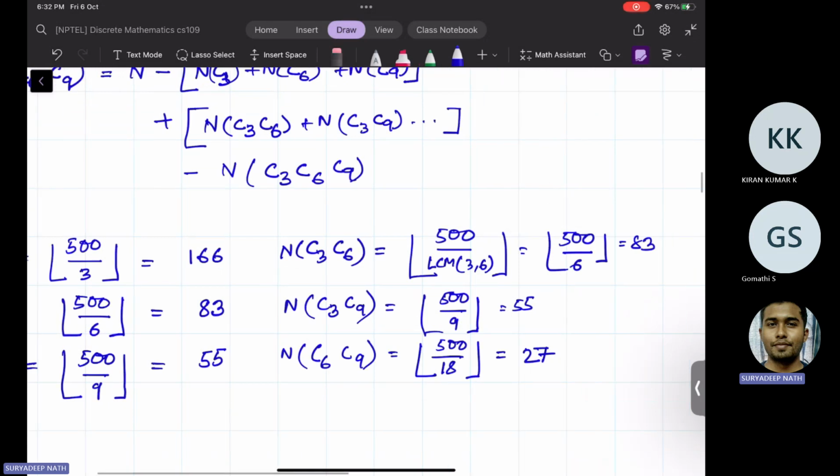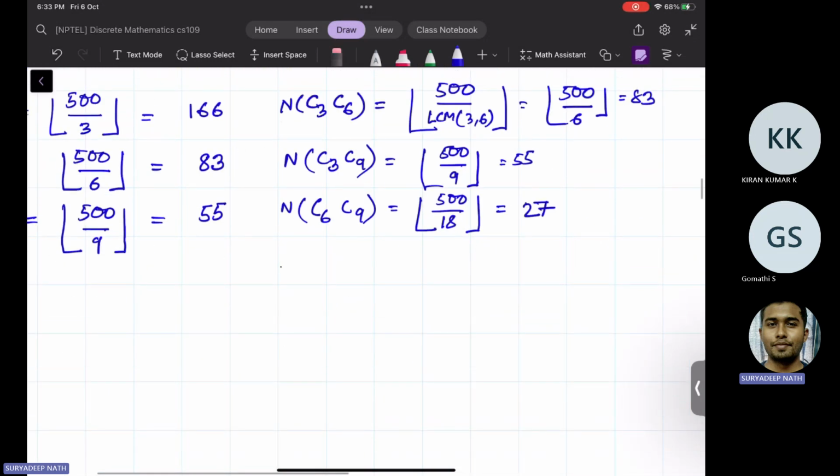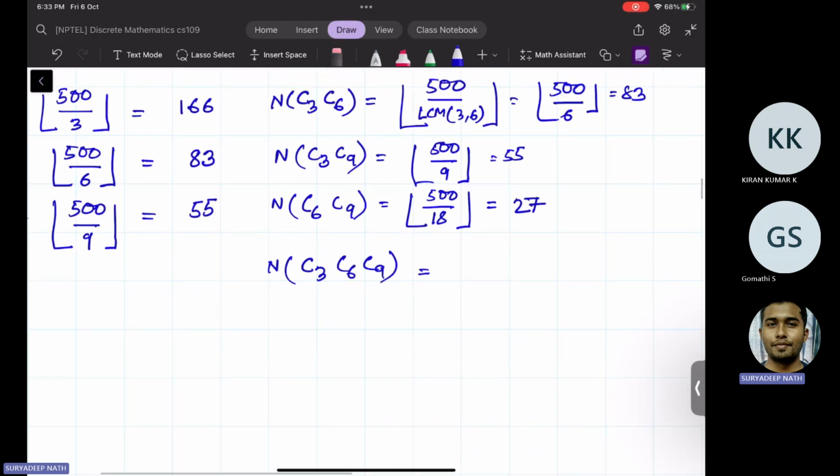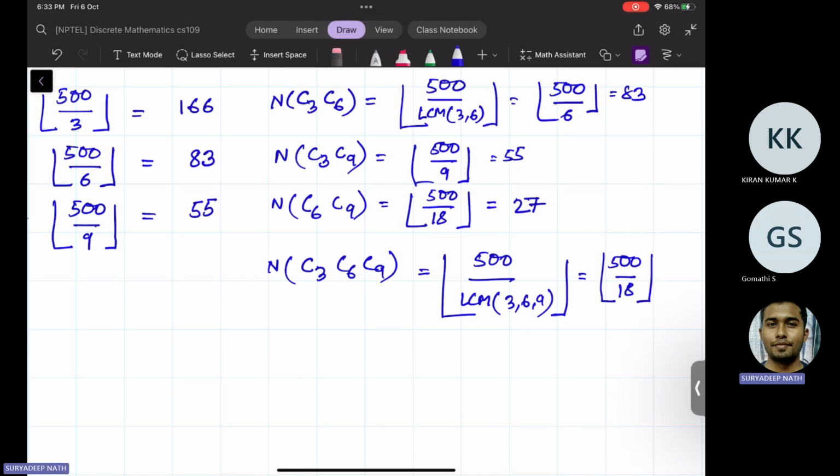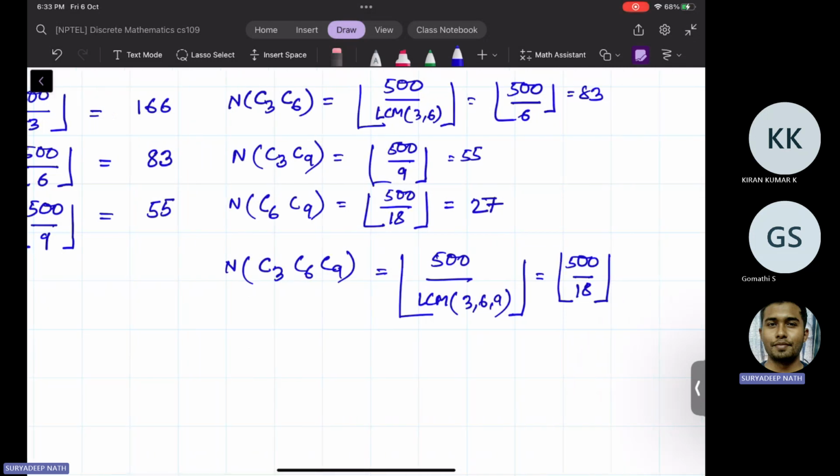So this is how you find it for the pairs. And when considering all of C3, C6, C9, we again take the LCM of 3, 6, and 9. That would be 500 over 18, because 18 is the lowest multiple of 6 and 9, and a multiple of 18 is also a multiple of 3.